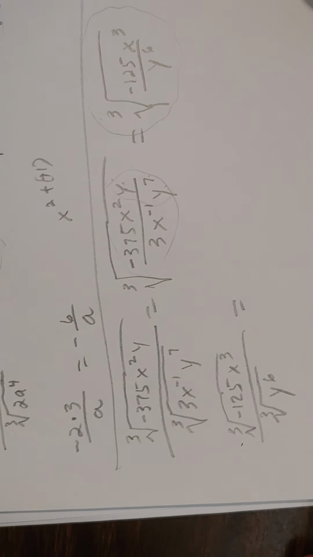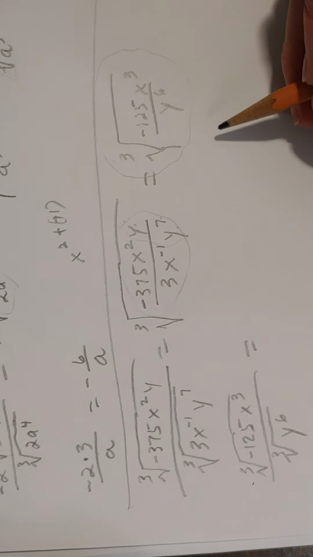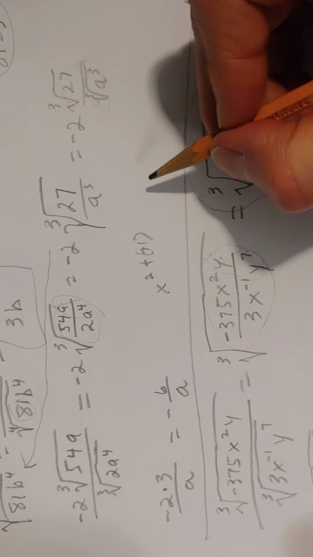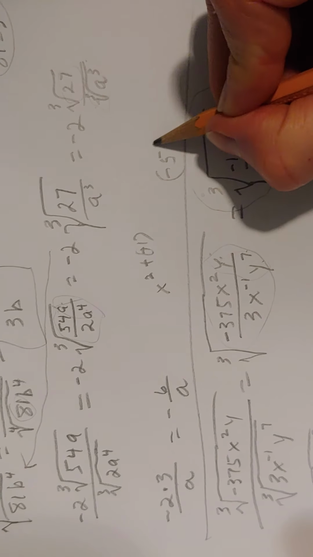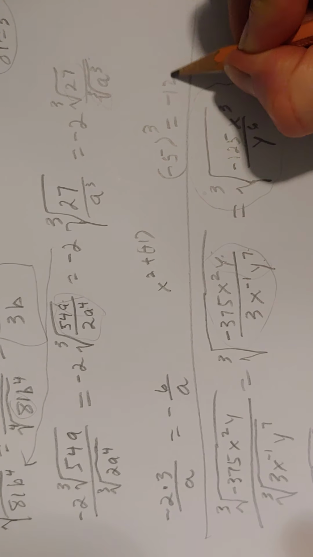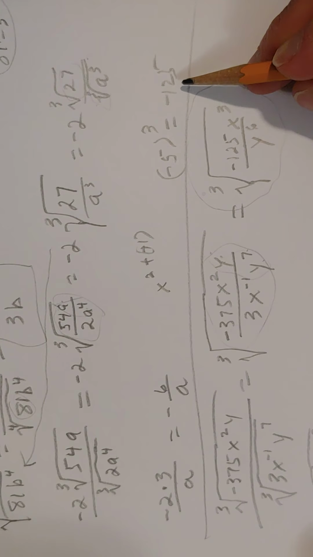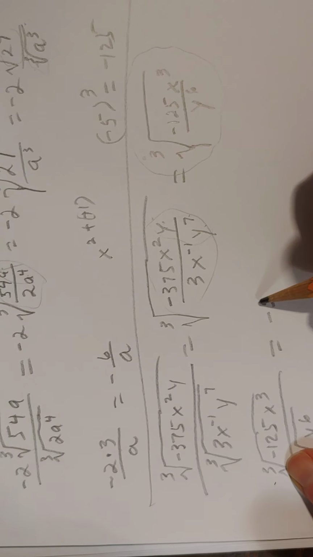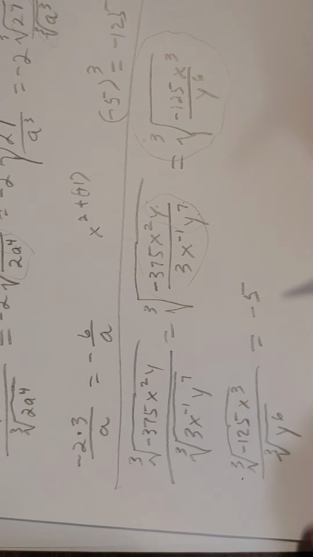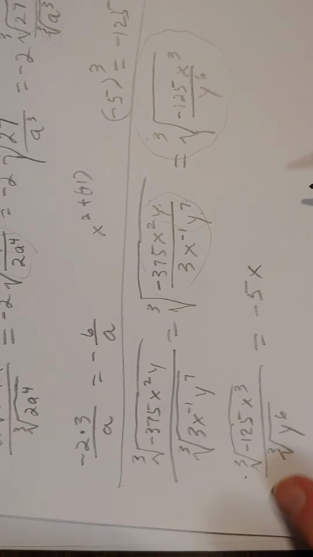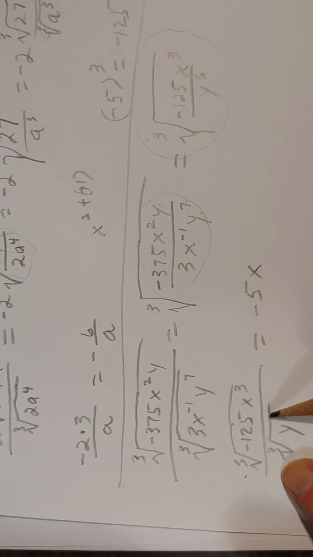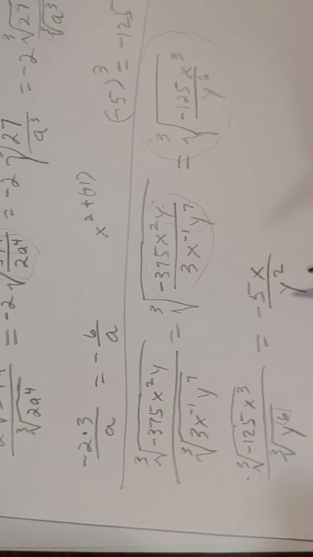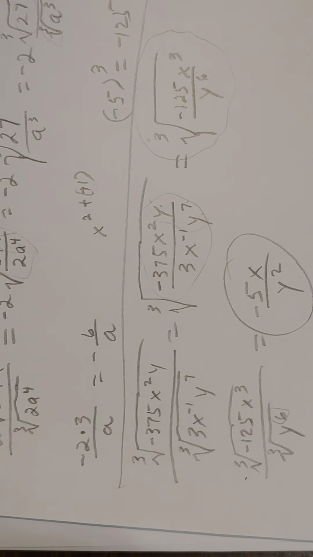In fact, this works out really nice because, for example, negative 5 cubed is negative 125. So the cube root of negative 125 is negative 5, which you should just know. The cube root of x cubed, I'm assuming you just know that's x. The cube root of y to the 6, see, 6 is a multiple of 3. 3 goes into 6 twice, so that's a y squared down there once I remove the radical symbol. And there's the answer.